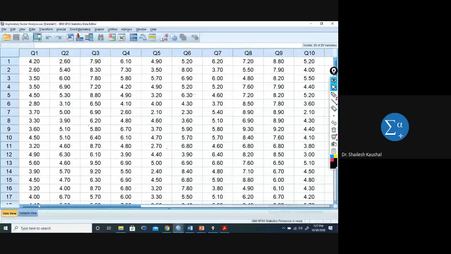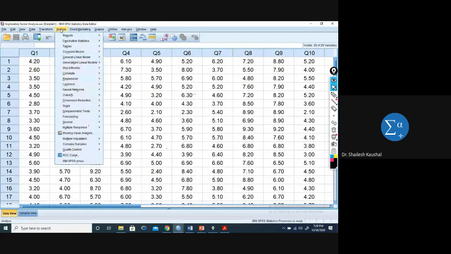analysis. Now, the first step before conducting any exploratory factor analysis, we should check the correlation among the variables. There should be some correlation among the variables, and all should be significant. So I am just checking the correlation.